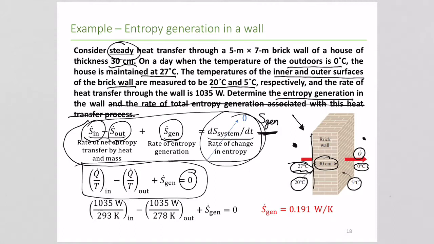If we assume the surfaces of the brick wall are the boundaries of our system, so the wall itself is our system, then through the boundary, what is crossing is the heat energy.